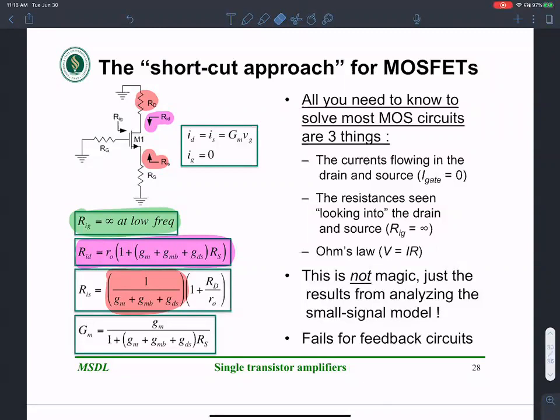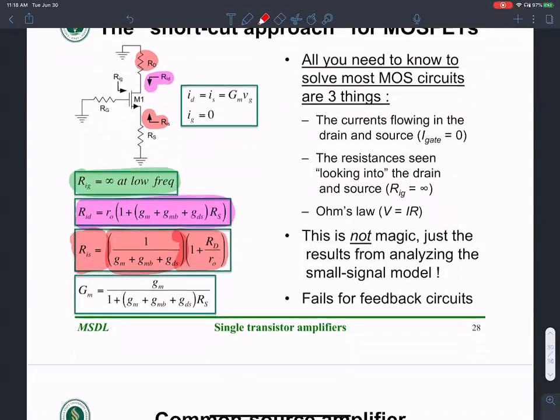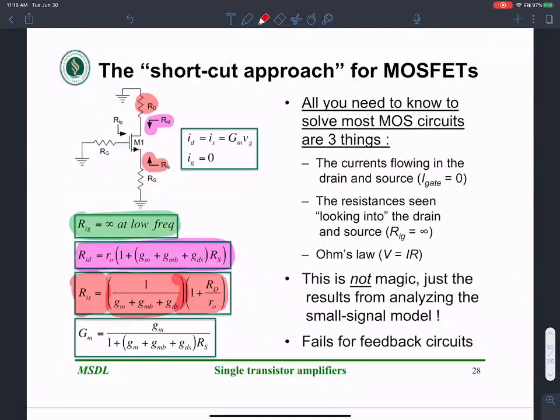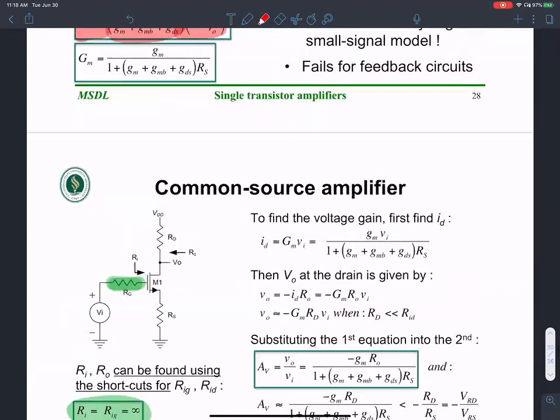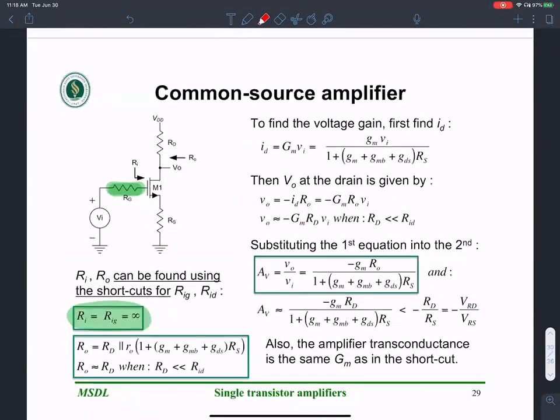So here's the shortcut approach. Once you know the three resistances on the gate, the drain, and the source, you should be able to calculate using the three currents. If you want to calculate the gain of a common source amplifier, it is V output over V input.